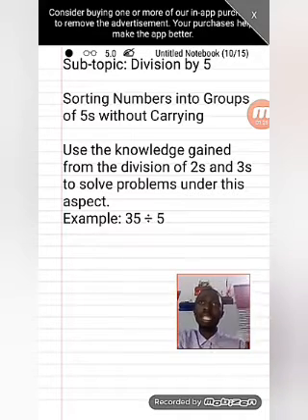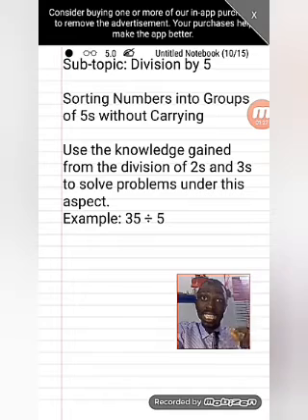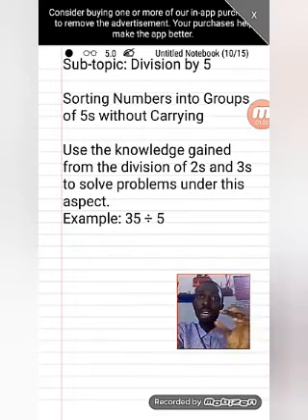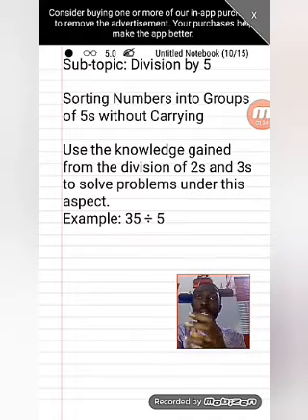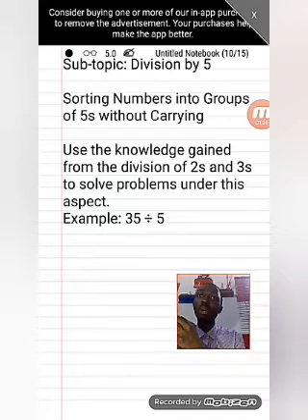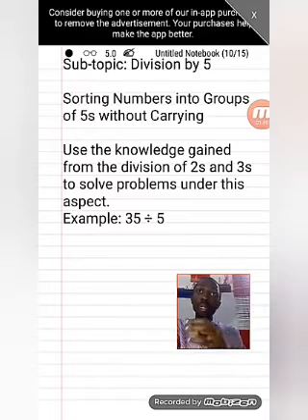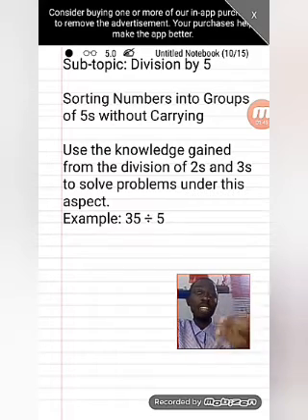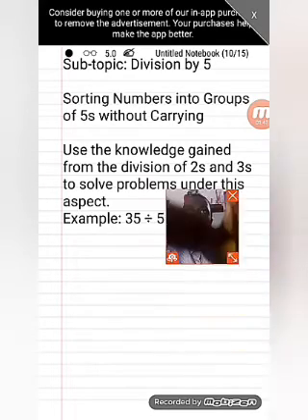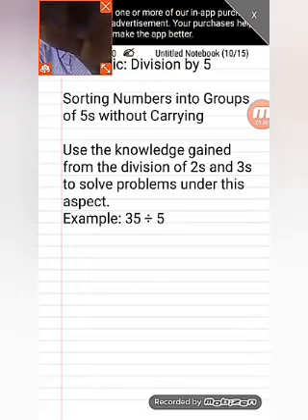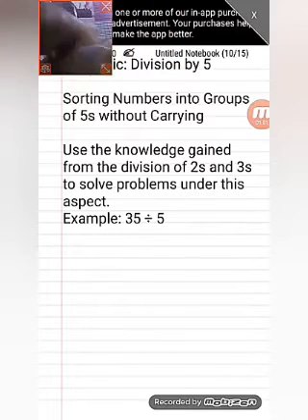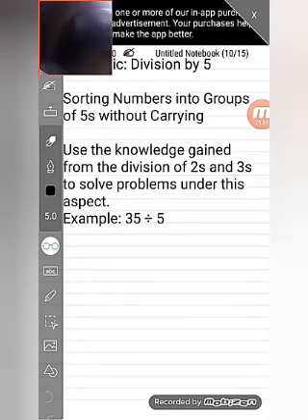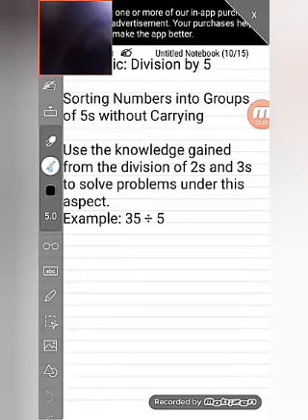The first example says 35 divided by 5. That is, how many 5s can we see in 35? It's the same way we did when we were dealing with 2 and with 3. It's just that we're dealing with 5 now. Remember, we'll be doing the two methods, like I told you: the old method, which is the method of counting, and the new and faster method which you have been taught.